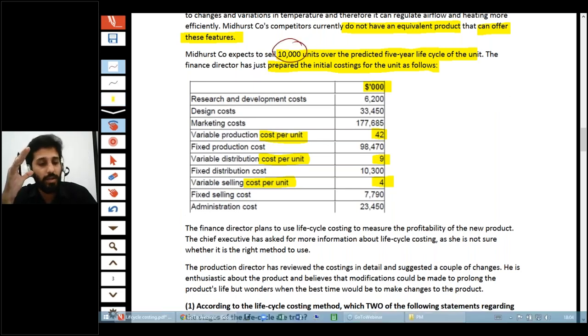The rest of the other costs are the total cost over the life. And we need to calculate these costs right now. Keep this in mind.